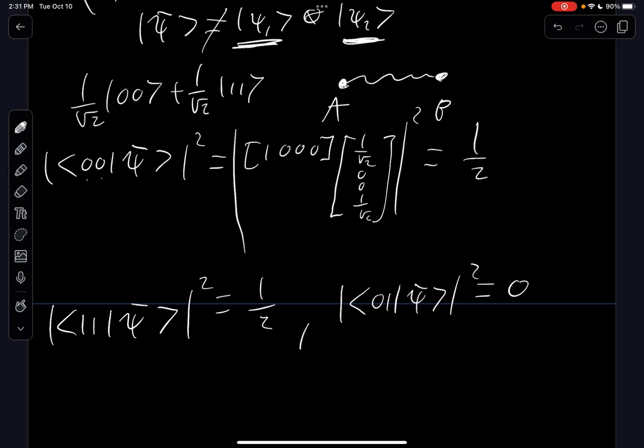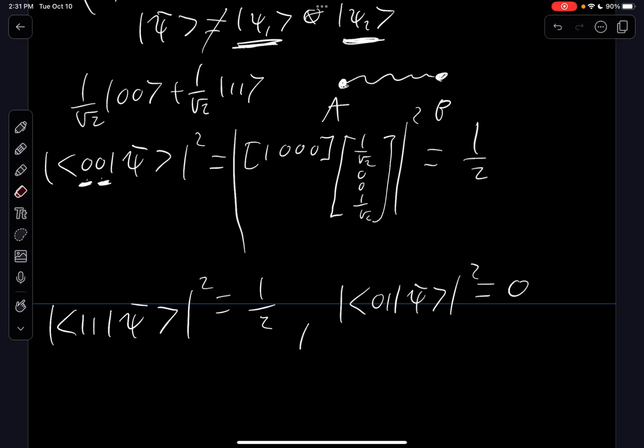So what does this tell us? Well, it tells us that when Alice and Bob both decide to measure are you pointing up or down, they will always get correlated outcomes. If Alice sees a 0, then Bob will also see a 0. The probability that they'll see this specific outcome will be a half, but they always know they're correlated.